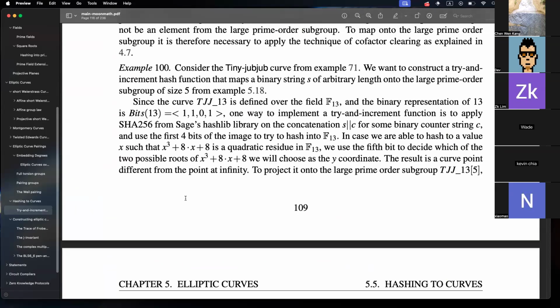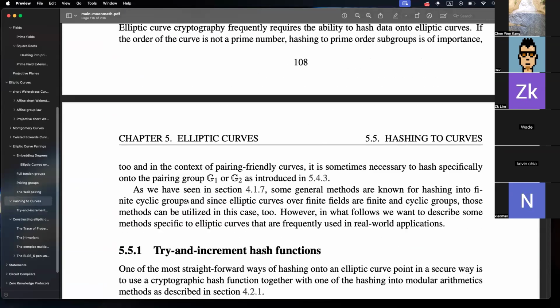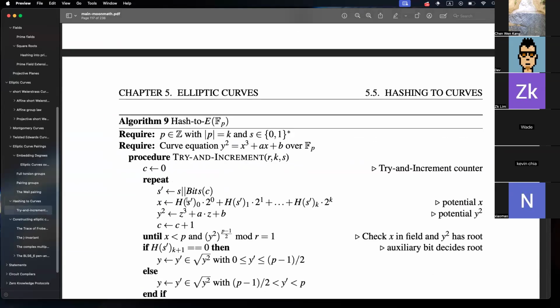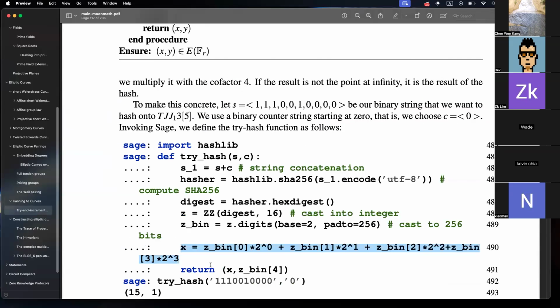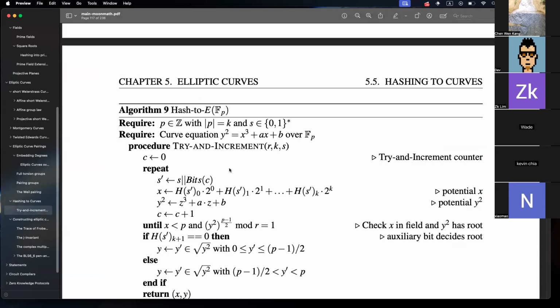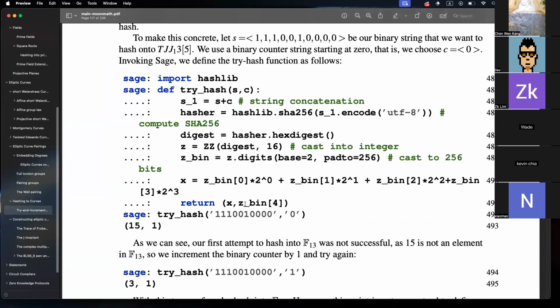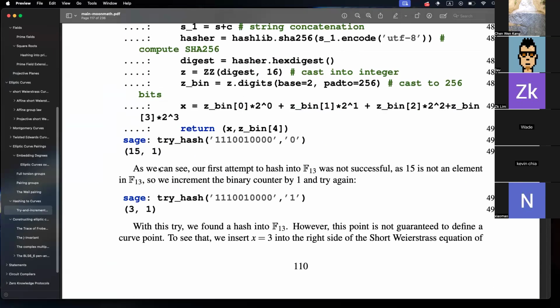No, I think I'm wrong. Yeah, I think I'm slightly wrong. Is it? No, it is. Okay, it is the short Weierstrass curve formula. This is essentially trying to hash into a specific curve and see if the point works by checking if it's correct.